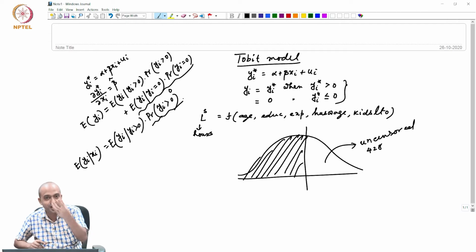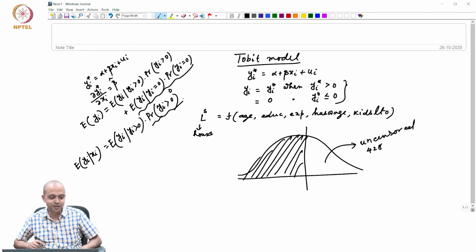Because of this second component, which is also multiplied with the expectation, we cannot take the coefficients after Tobit estimation as marginal effects. Please keep in mind, we can take the coefficients as marginal effects only when we are estimating the model using OLS.